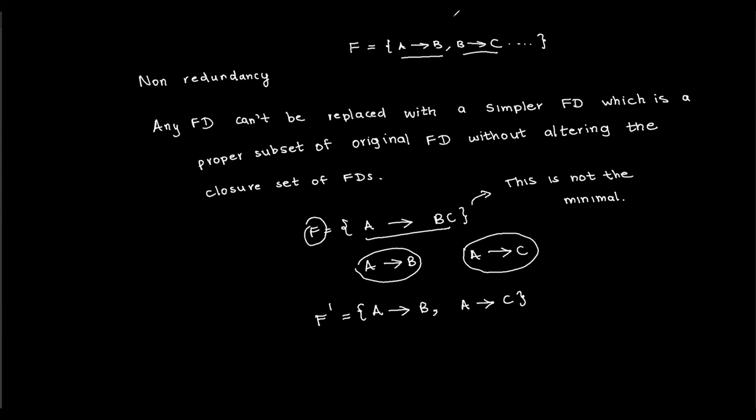That's why the third characteristic is important when we are focusing on a minimal set of FDs. When we are talking about a minimal set of FDs, we have understood the main three ideas. The right hand side should only have a single attribute, it should be irreducible, and at the same time, it should be non-redundant.